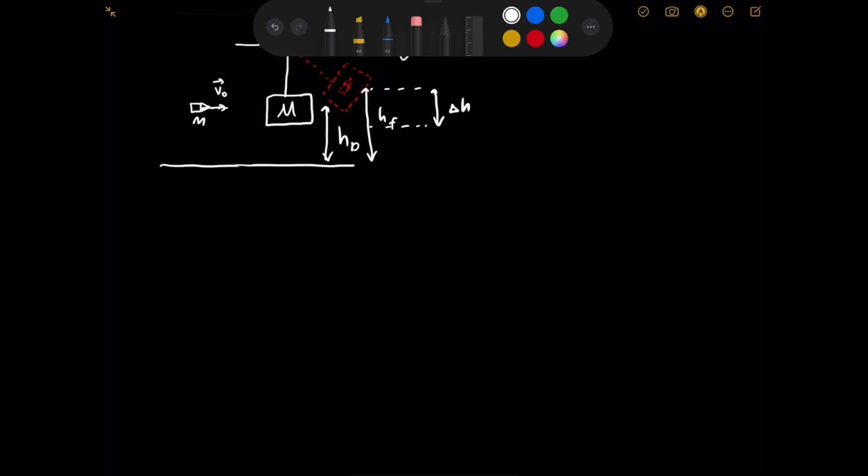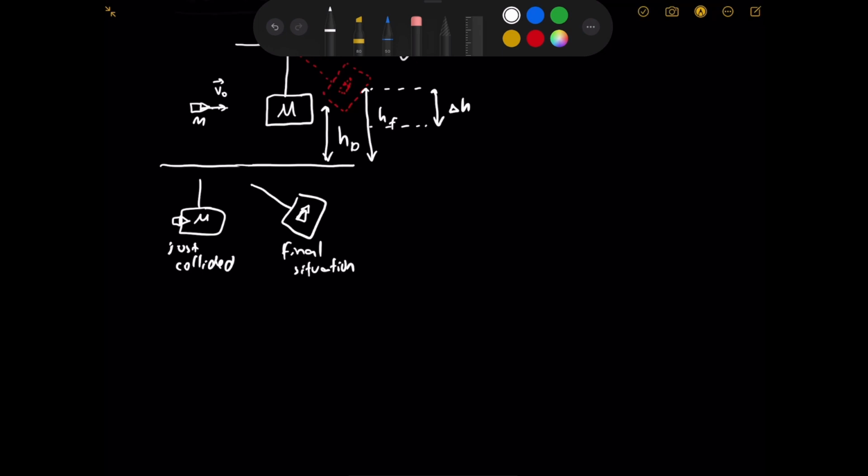So we can analyze this thing as it has already collided, as it has just collided. So this is just collided. And then the final case, so I can draw it like this. And the final situation, let's call it.